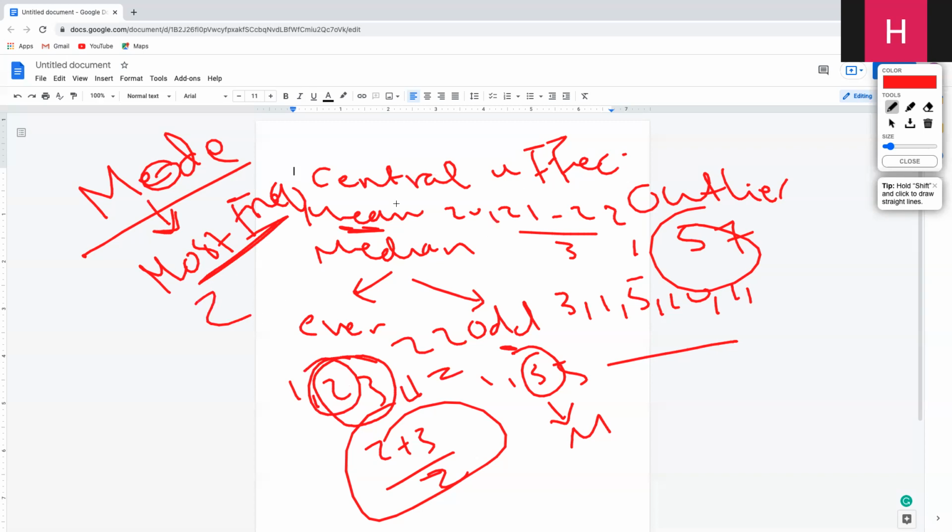Another thing: always when you have a central distribution, this is the mean of central distribution. So you have a central distribution, which is this one. The curve is not skewed. So in the central distribution, mean, median, and mode will be in the middle.